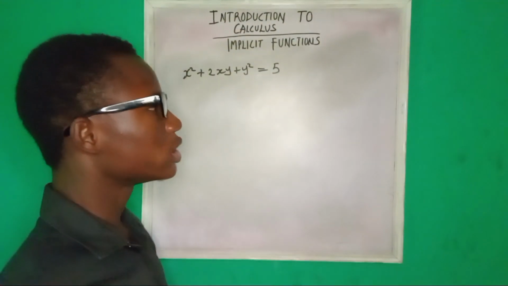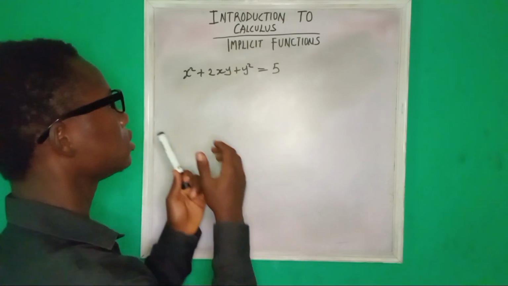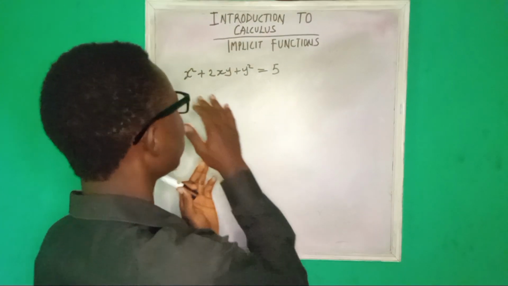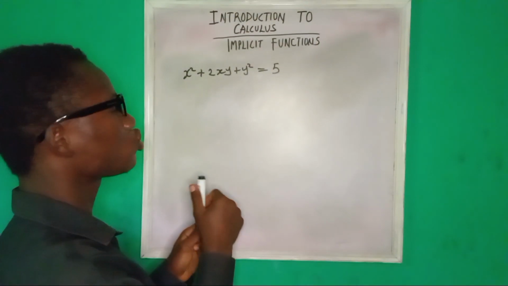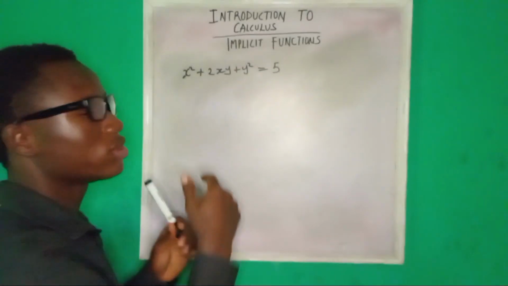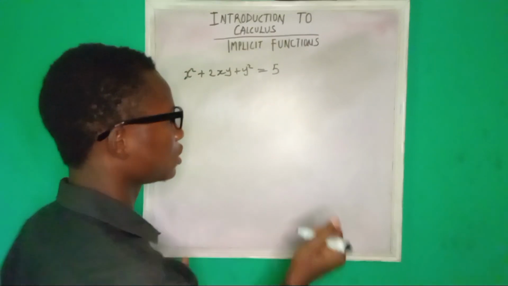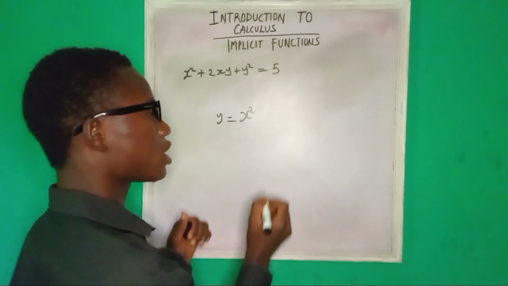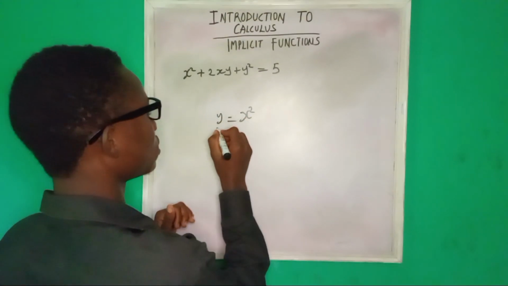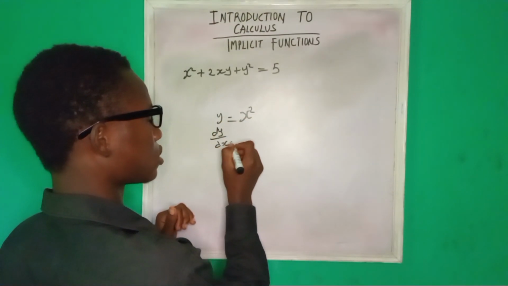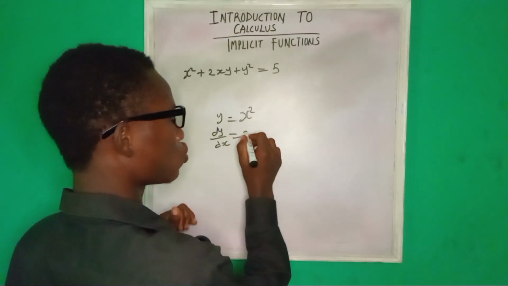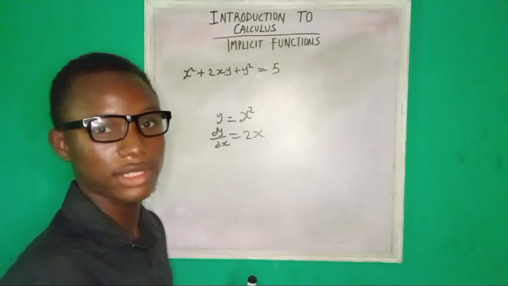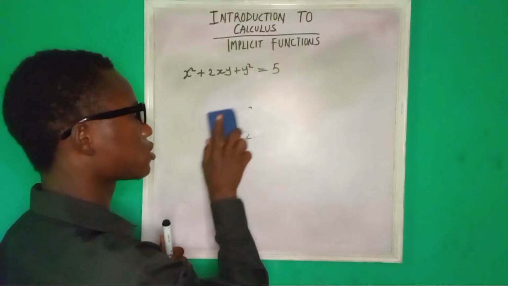So now, note that whenever you are differentiating a function of x, it is going to give you the direct derivative of it. For example, if y is equals to x squared and we are differentiating this, dy dx is going to give us 2x directly, which is the derivative of x squared.